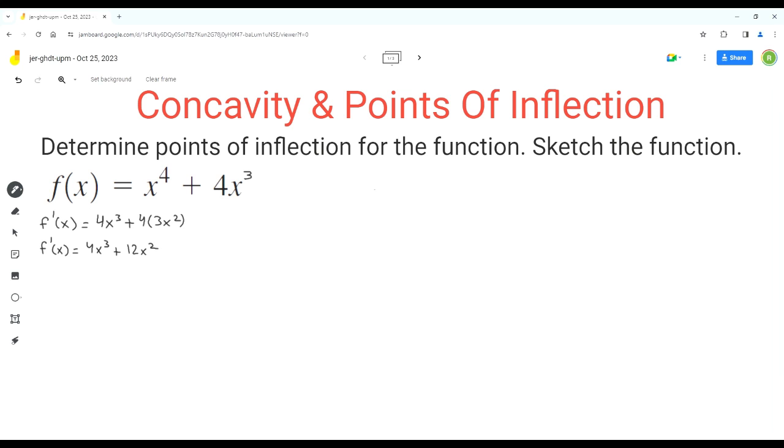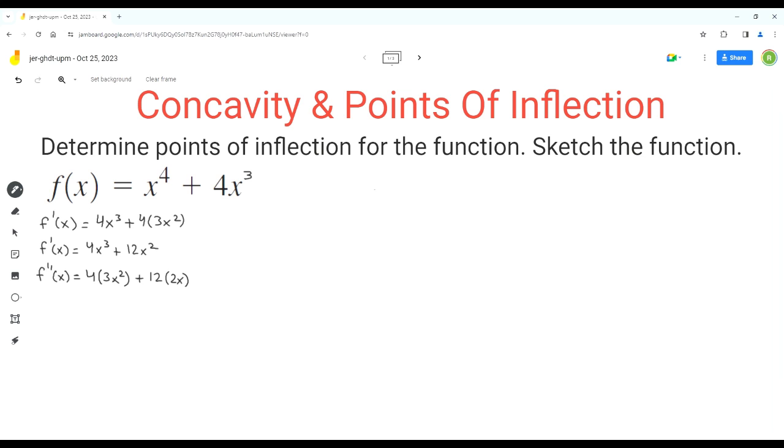Now we can find the second derivative of this function, which is the derivative of the first derivative. So for the first term, the coefficient is 4, so it will stay as it is, and the derivative of x cubed is 3x squared. Plus, in the second term, the coefficient is 12, so it will stay as it is, and the derivative of x squared is 2x.